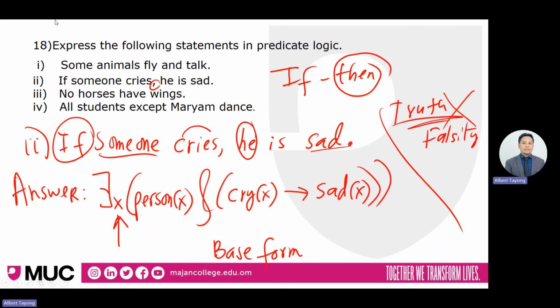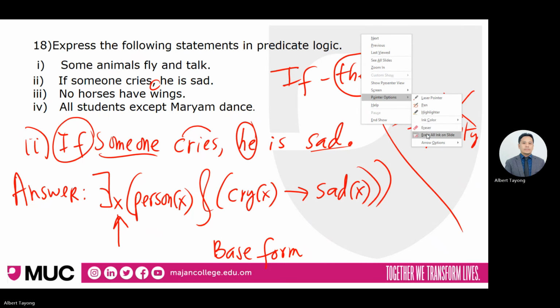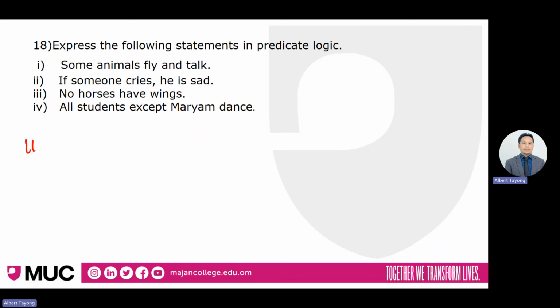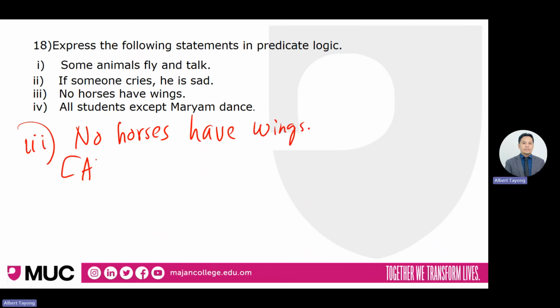The third one is no horses have wings. So how to change this into symbolic form? Number 3, no horses have wings. The first step here is to change this to all.